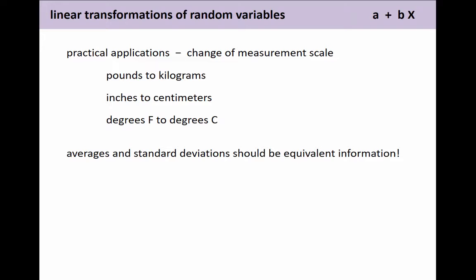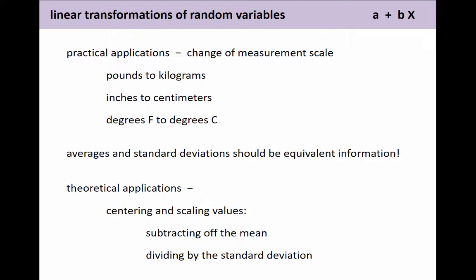to this conclusion. There are also a number of theoretical applications of linear transformations of random variables that we will be needing in this week 4 material. When we talked about z-scores in week 1, we were actually centering and scaling values. Centering is subtracting off the mean, and scaling describes dividing by the standard deviation.